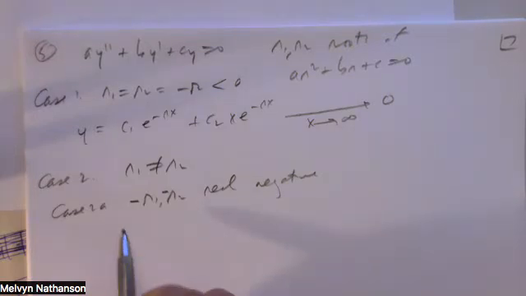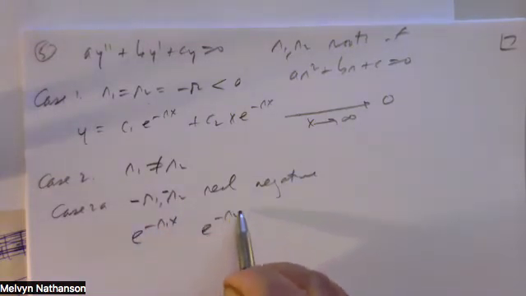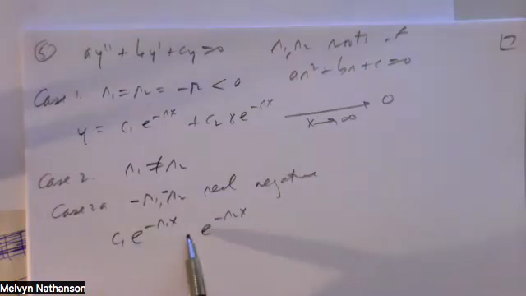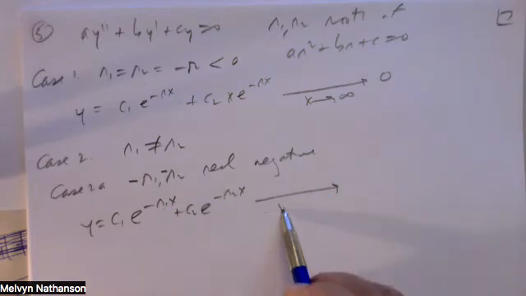In this case, your fundamental solutions are e to the minus r1x, e to the minus r2x. r1 and r2 are different. The general solution is any linear combination of these. And because this is an exponential to a negative exponent times x, again, as x goes to infinity, this goes to 0.